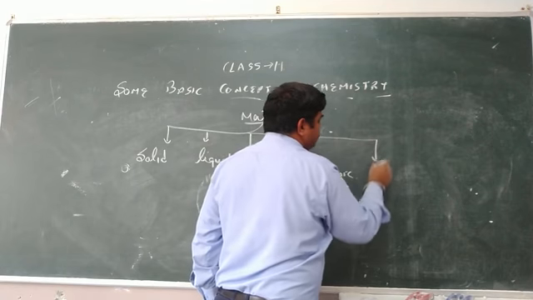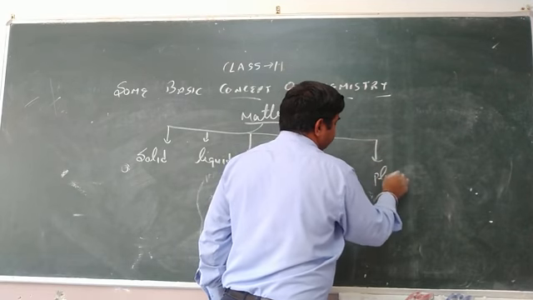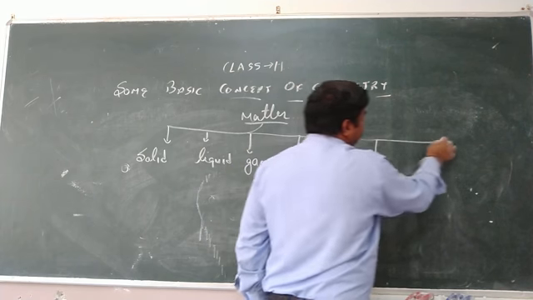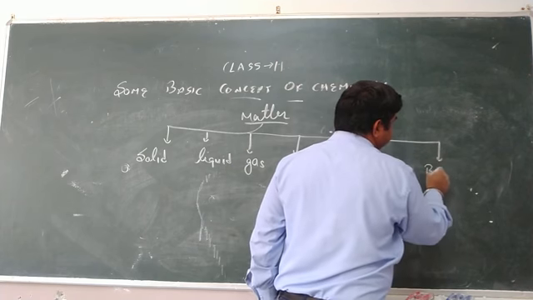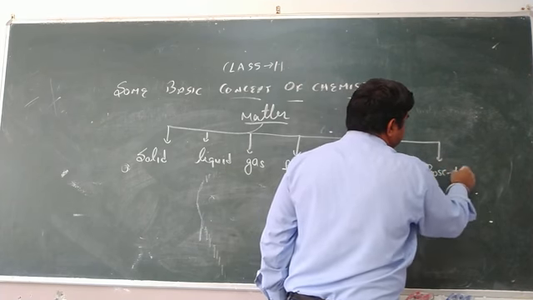Fifth is plasma, and sixth is known as Bose-Einstein condensate. So there are 6 states. Generally we deal with only 3 states: solids, liquids, and gases.